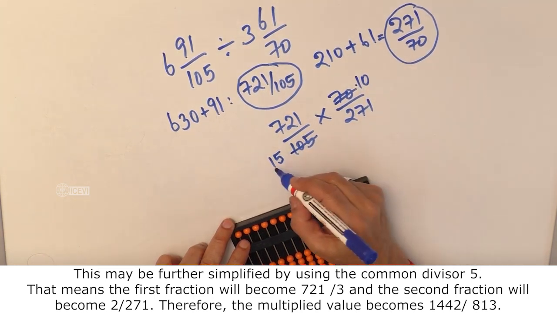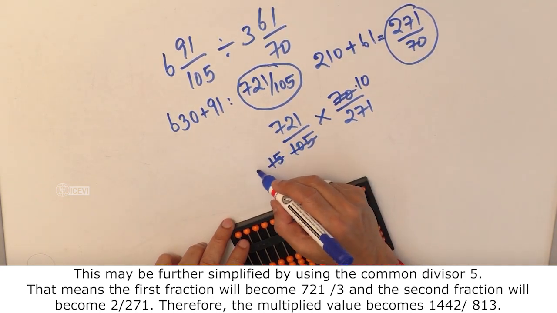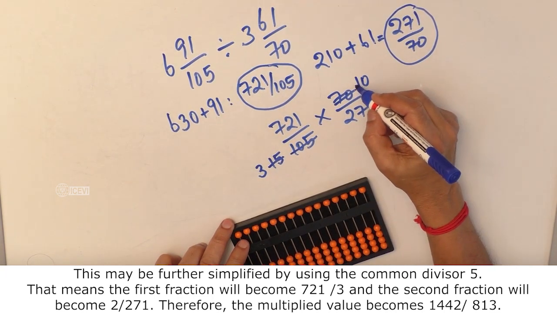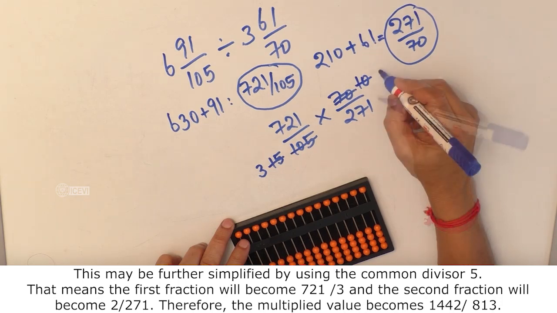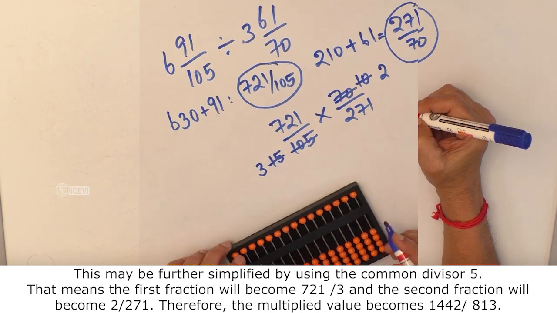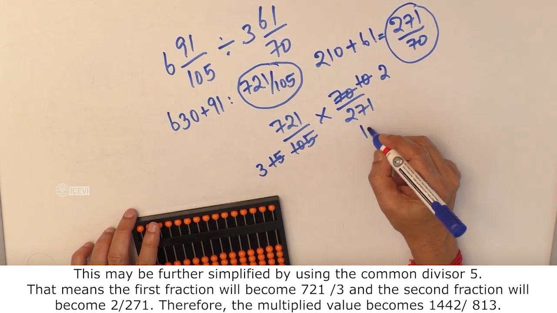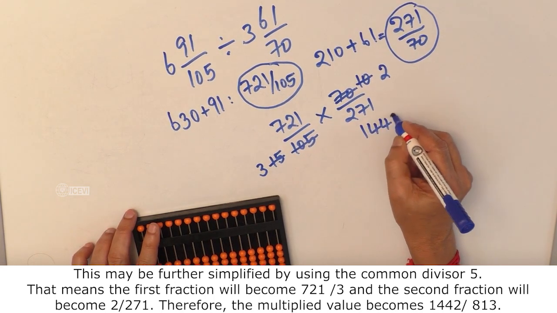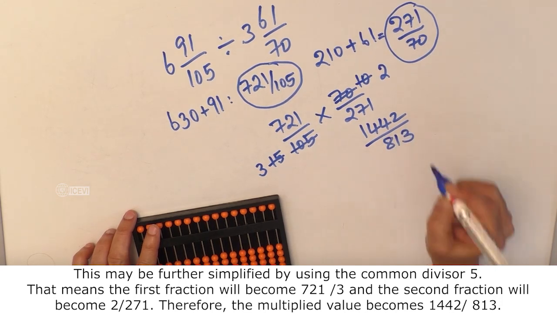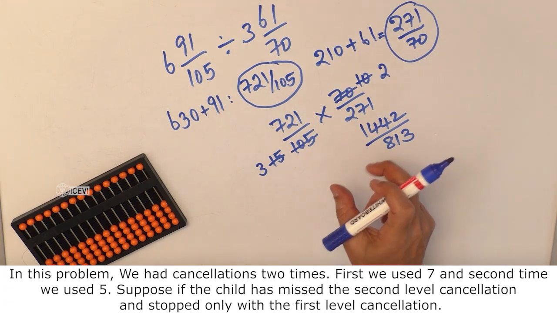That means the first fraction will become 721 by 3 and the second fraction will become 2 by 271. Therefore, the multiplied value becomes 1442 divided by 813. In this problem, we had a cancellation 2 times.